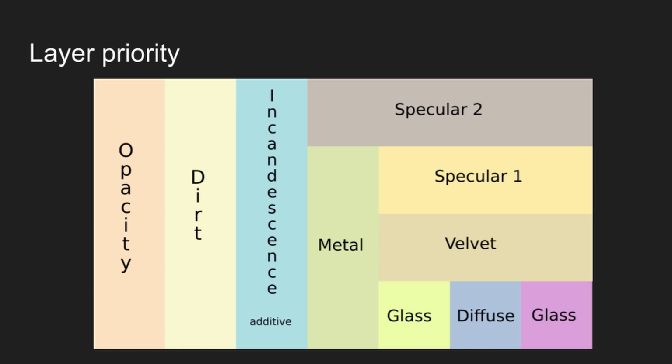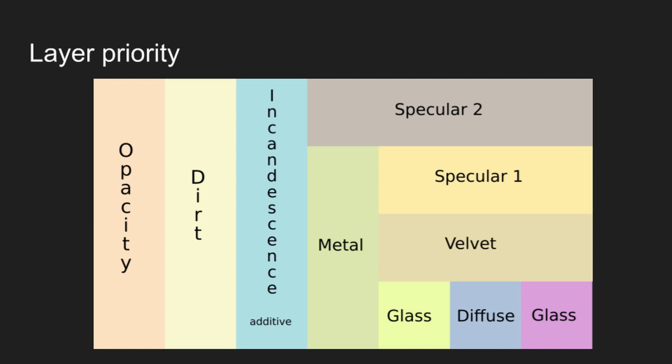I'm going back to my middle element. As you can see, I've got the priority that says that your object can be metal or dielectric, and dielectric is a stack of the elements I've got right there. So you can get metal and diffuse, you can get metal and velvet, you can get metal and specular, because metals are pure specular.